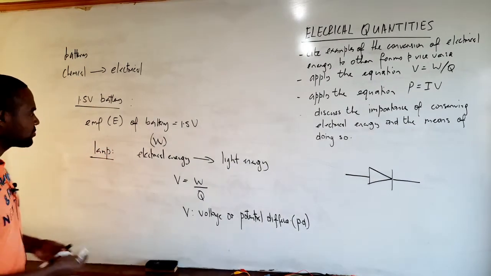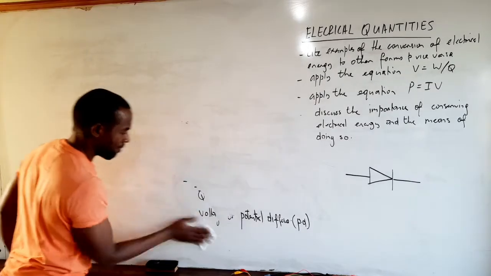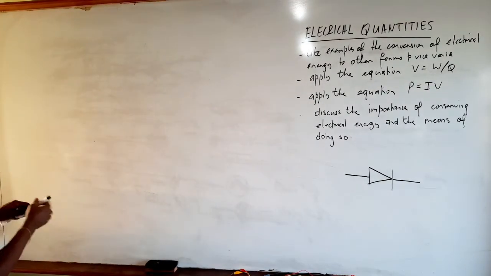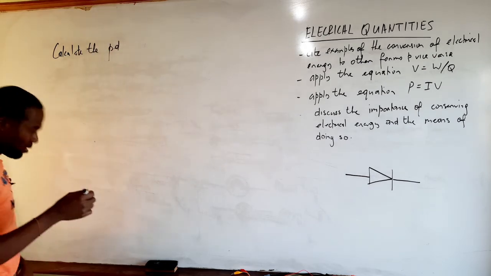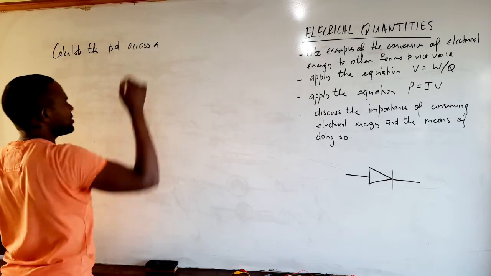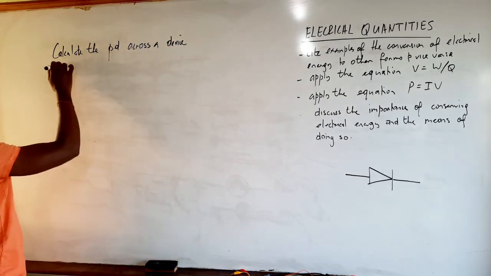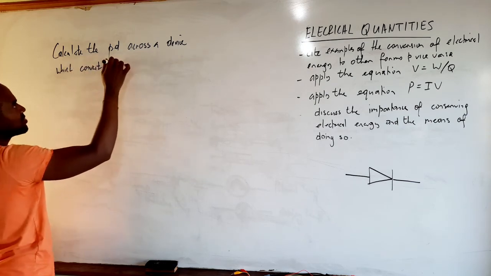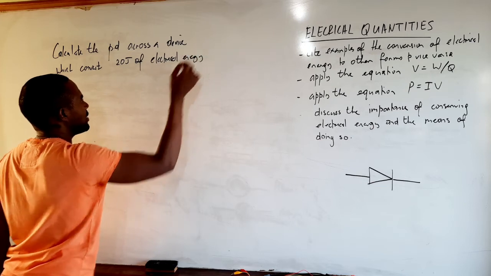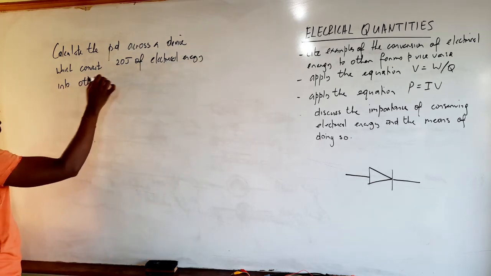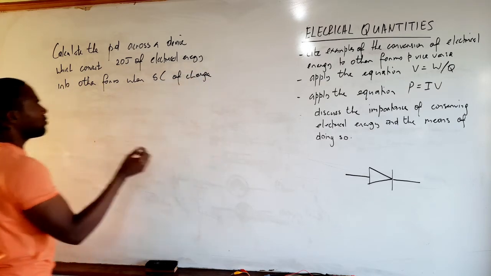So let's just do a quick little calculation. Suppose, let's say, calculate the PD across a device which converts 20 joules of electrical energy into other forms when 5 coulombs of charge flow through it.